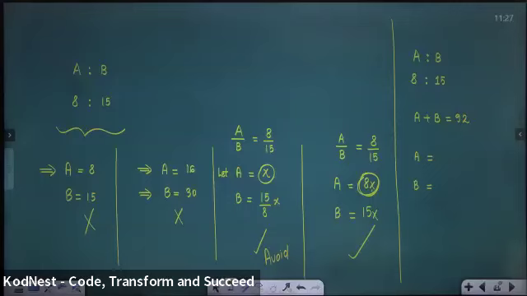So put A value, B value, equation will be created. All right.